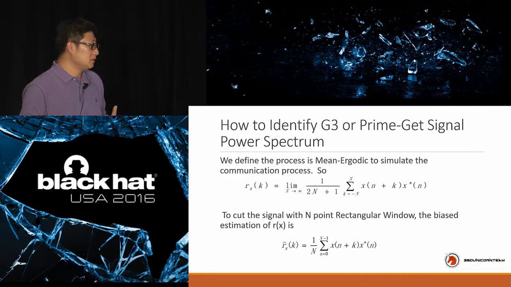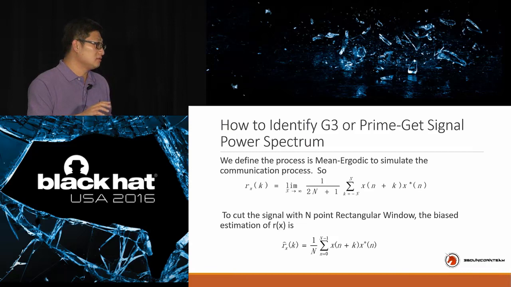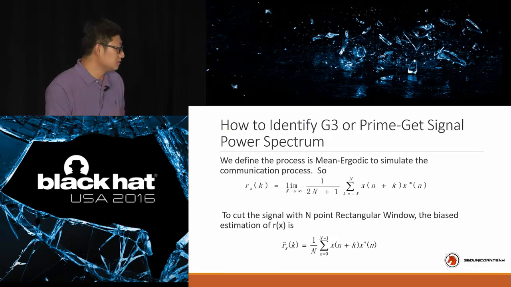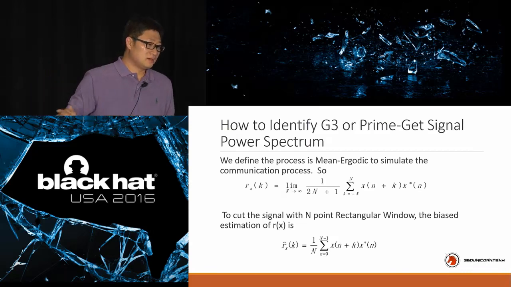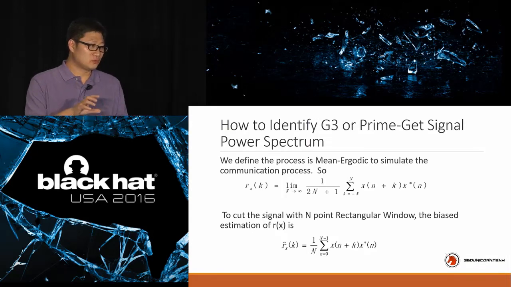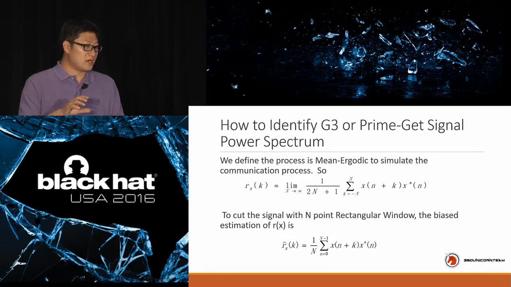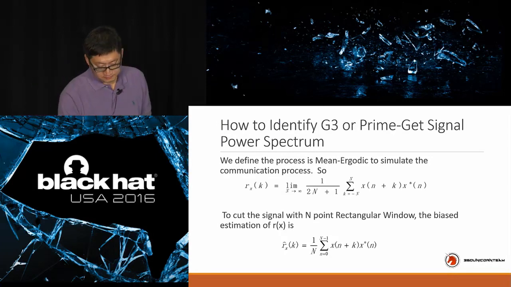But because of memory size and processor capacity, we cannot use a longer record. So our goal is to use as short a data record as possible to extract the spectrum characteristics, and they must meet our application's resolution and accuracy requirements.